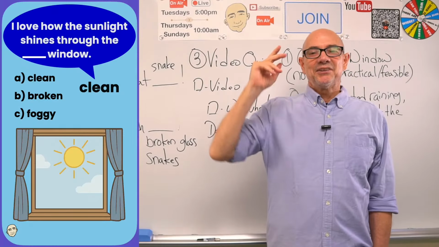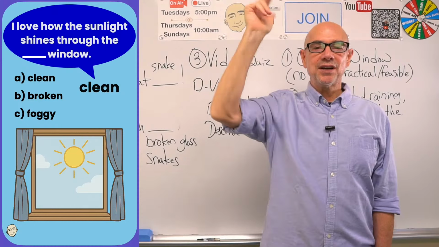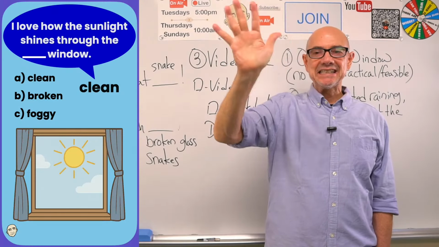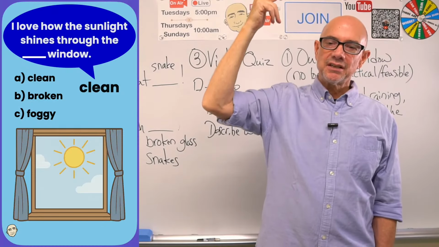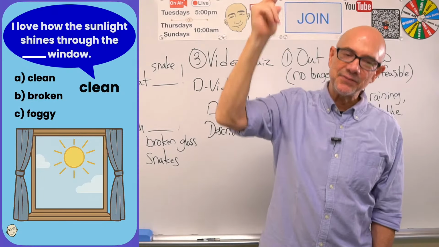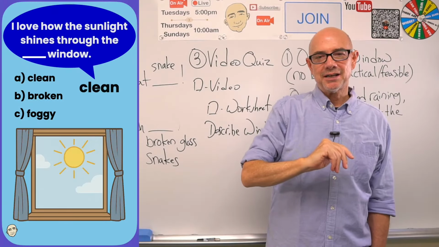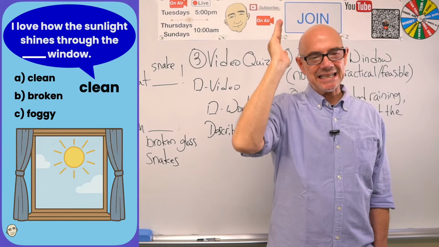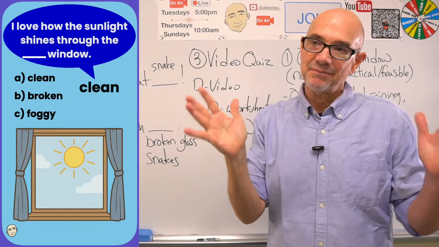So we got to clean our windows. Sometimes we don't want to clean, or they're difficult to clean. Of course, inside it's easier, but some windows from the outside are difficult to reach. But when you clean your windows, you feel much better, right?